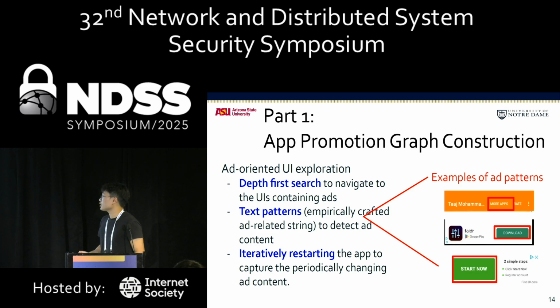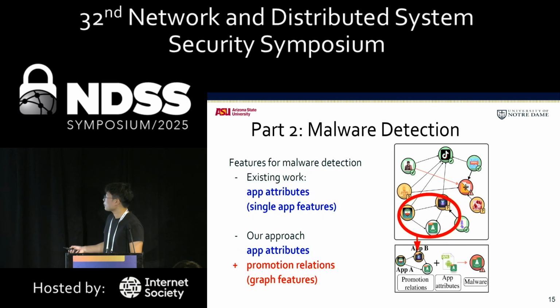After we get the UIs of ads, we use empirically crafted text patterns to detect ad content. These patterns are like more apps, download, install, start now. And because ads are constantly updating themselves and are dynamically requested from the server, we iteratively restart the app to capture this dynamically updated ad content.